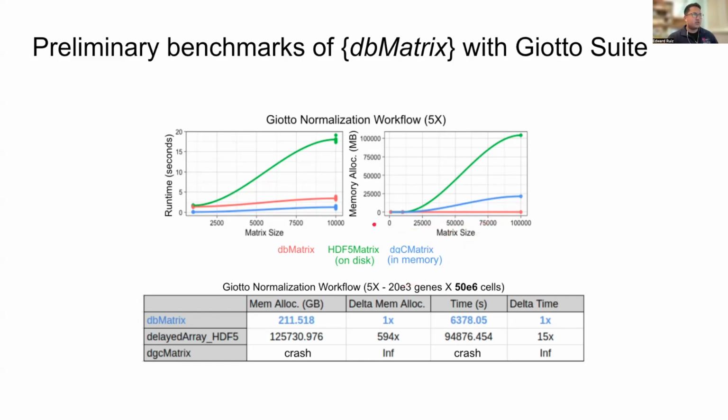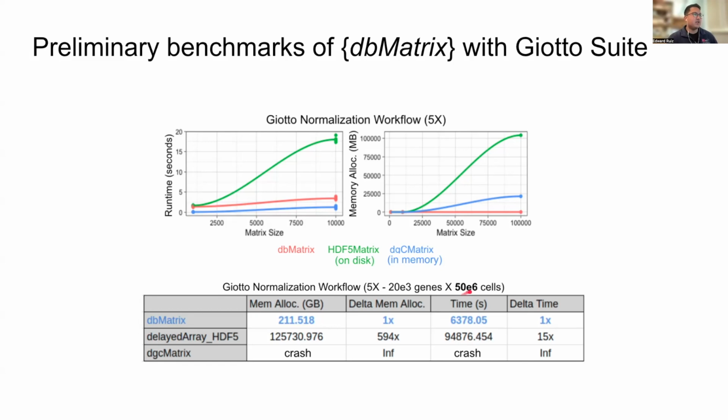These were just for smaller matrices. This was 10,000 on the left here for runtime, and I think that's 100,000 for the memory allocation. I've also been battle testing DB Matrix with really large matrices.